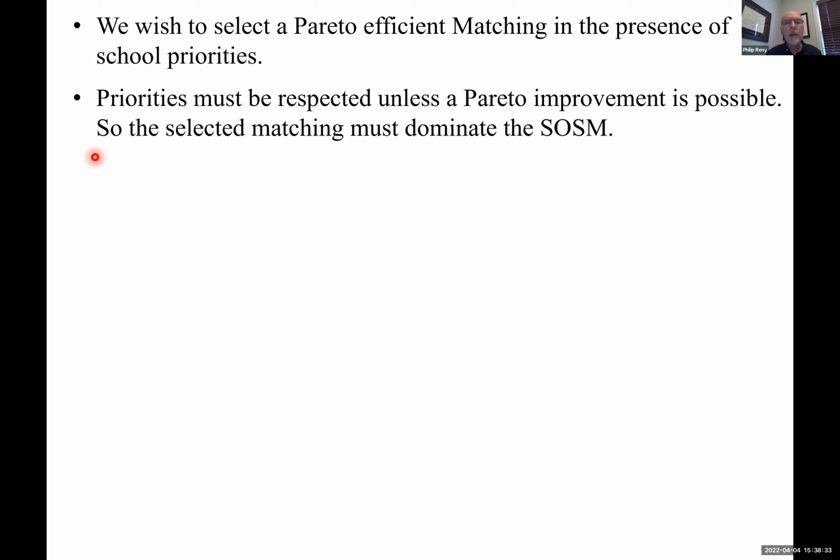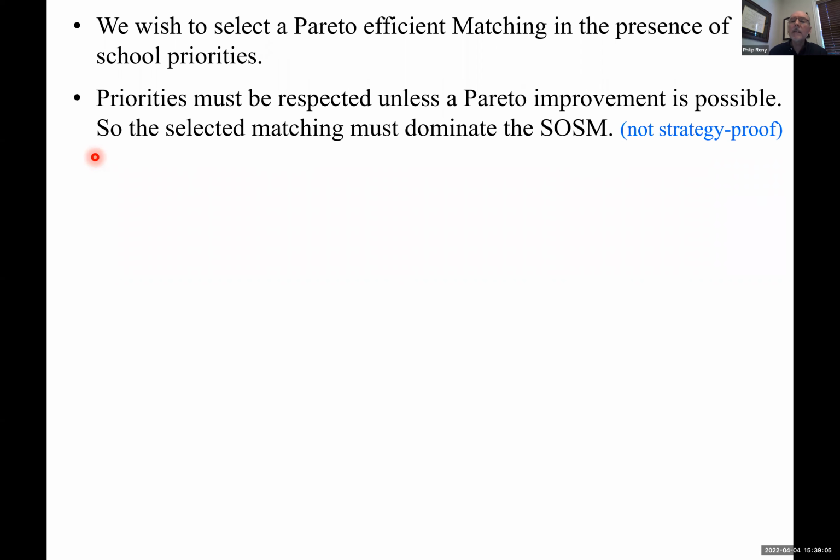So I'm going to take the view that these priorities are serious, as I said. And so unless a Pareto improvement is possible, really you should respect the priorities. That suggests that you would want the selected matching to weakly Pareto dominate the student optimal stable matching. I'm not taking that as an axiom, but I'm saying that would be an important property if you can achieve it, and you should want to achieve it.